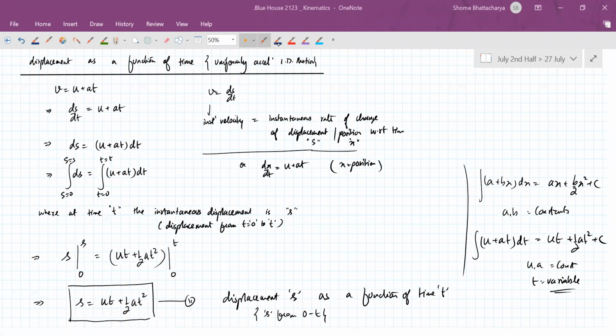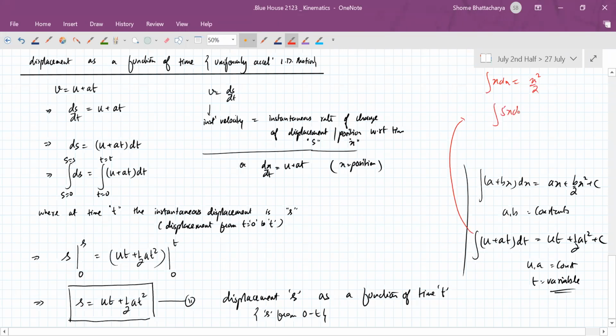Okay, so Manav, I'll just take you through the steps here. See, suppose we have integration of x dx, that's x square by 2. Now we have integration of, let's say, 5x dx. We have 5 by 2 x square. So like that, we have integration of t dt.